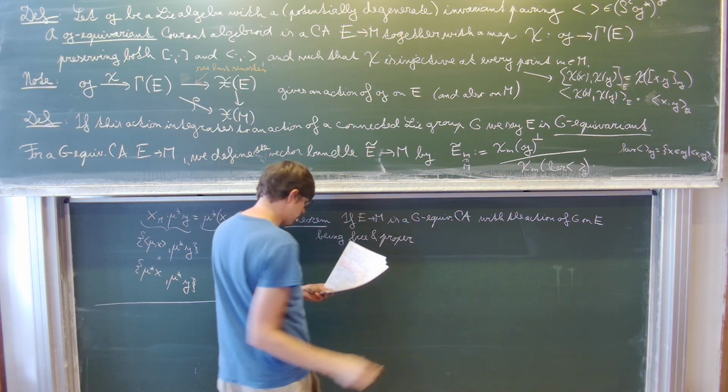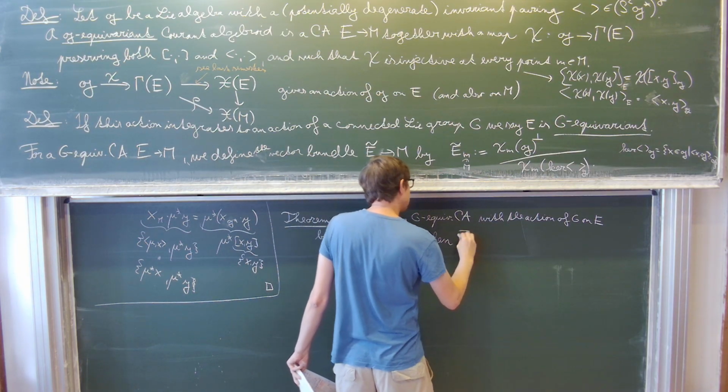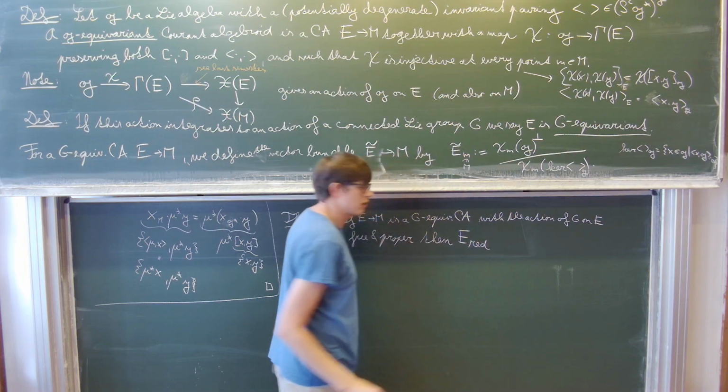Feel free to ignore the technicalities. Then we can form a new Courant algebroid. We call it E red, reduced.